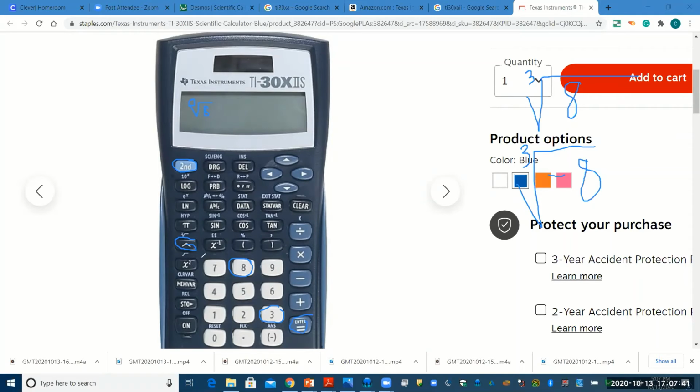So we press second, then this button, then the 3 to fill out that it's a cube root, and then the 8.